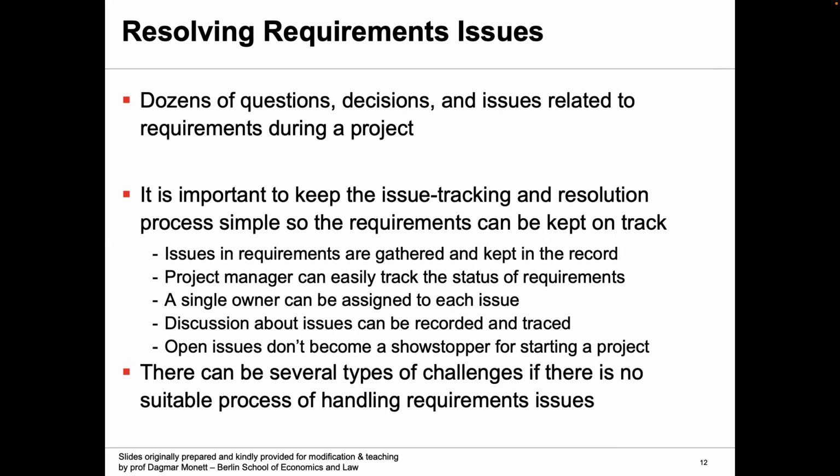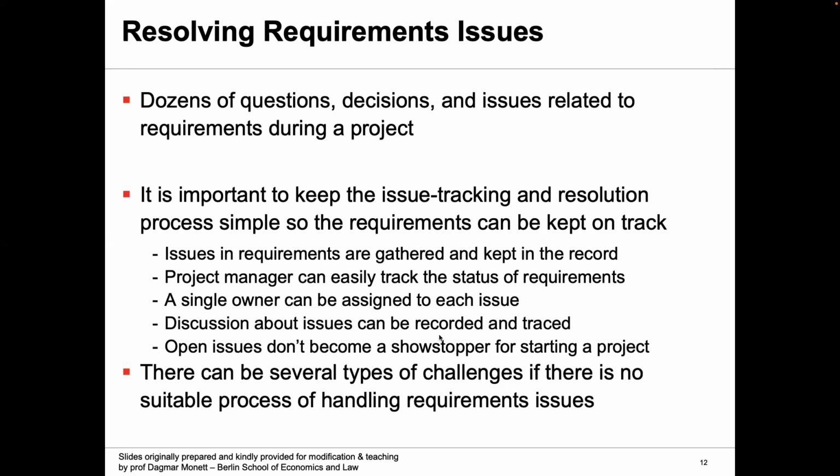So, for example, all of the issues that you log or gather in the project may be asking for clarification on the requirement, and there may be some questions about the development feasibility or scope, whether these requirements match with the scope or not.